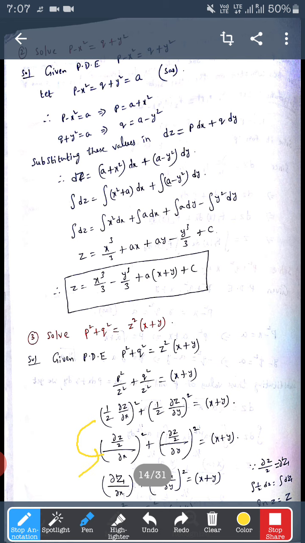In place of ∂z/∂x whole square plus ∂z/∂y whole square is equal to x plus y, we simplify that step.